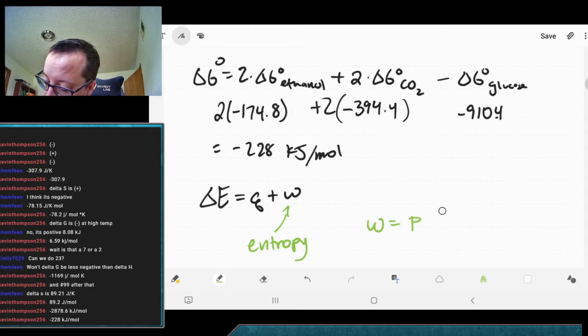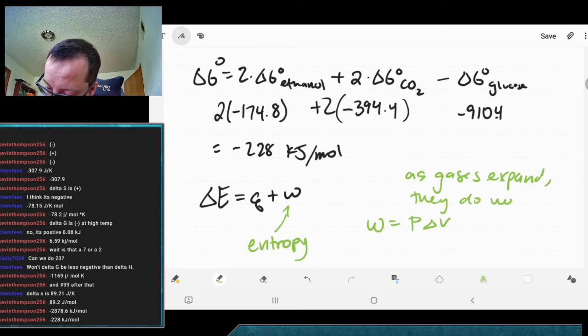And we saw that as gases expand, they do work, right? So let me find the example here from the book. I still can't find the one that I wanted to use for this. So there's Q. Where's the one with work?